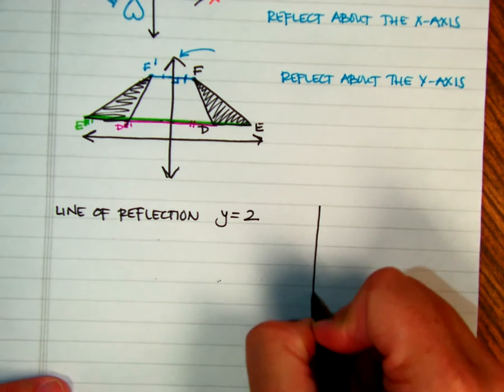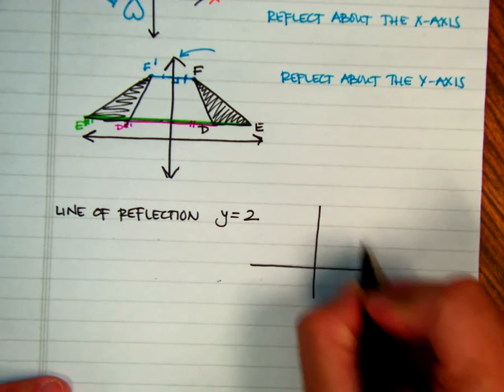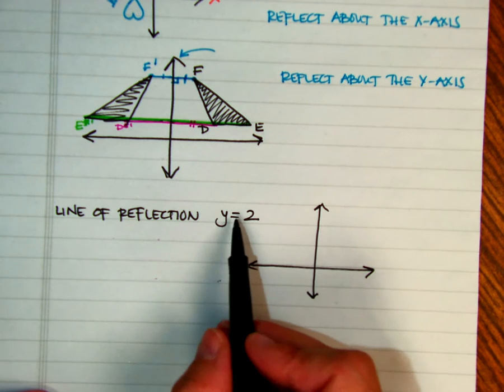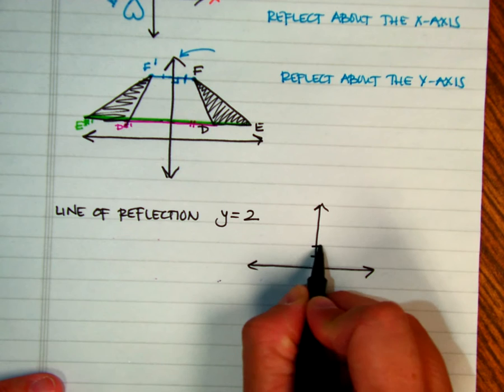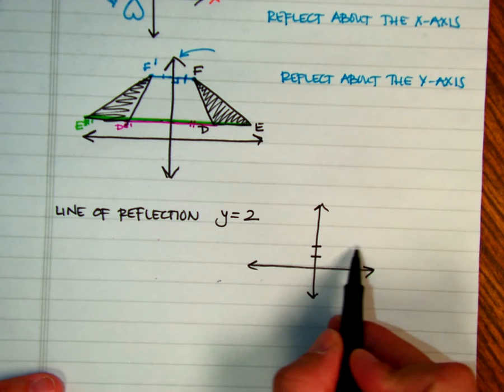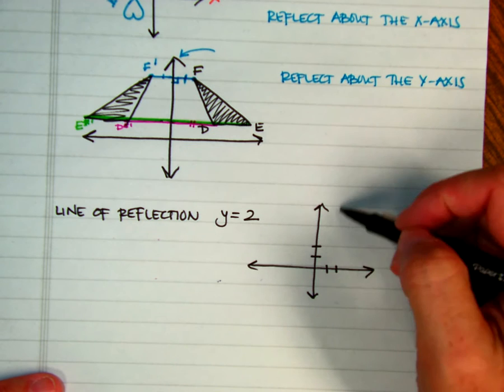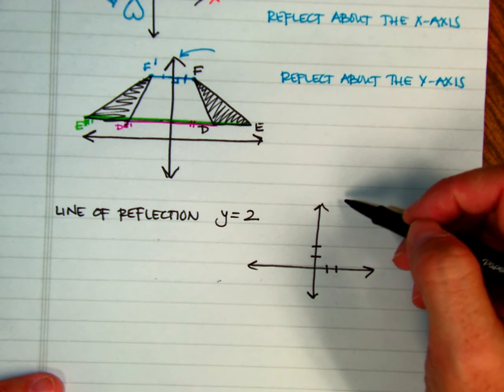And so if you remember from algebra, most people either think that it is running this way at a +2, or it is this way, vertically, at a +2. You need to know the difference.